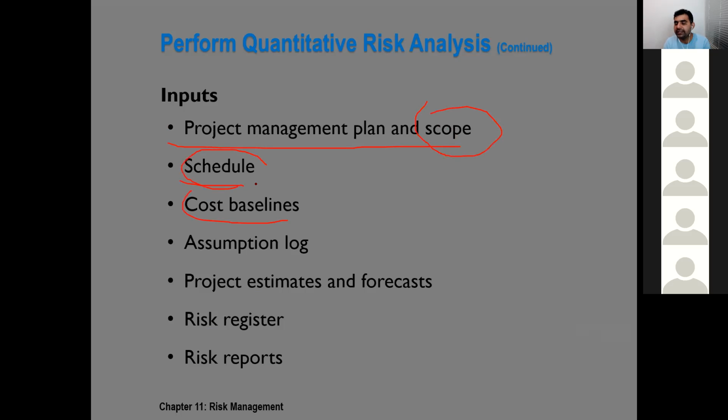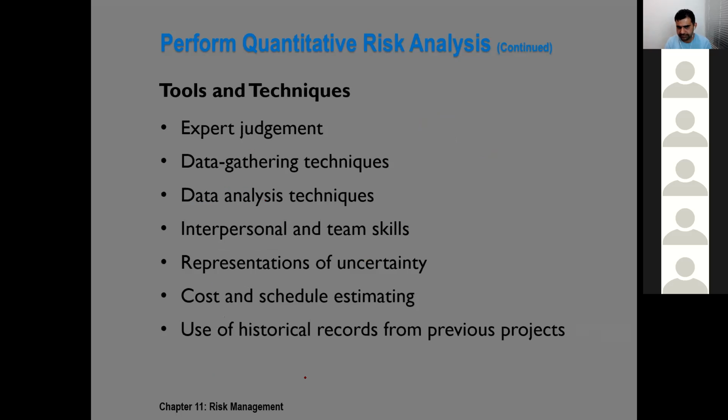Activity start date, end date, durations, their criticality, meaning if they are on the critical path or not, path convergence, path divergence, so on and so forth. Project performance, and also based on that performance, the forecasts. The risk register, because all the risks come from risk registers, and the risk reports. All those things that are already produced can help us to conduct a quantitative risk analysis.